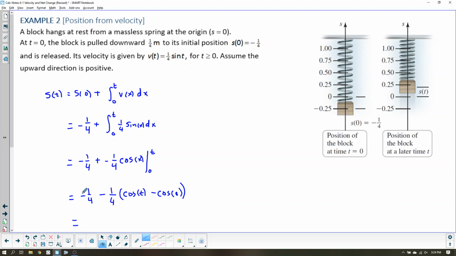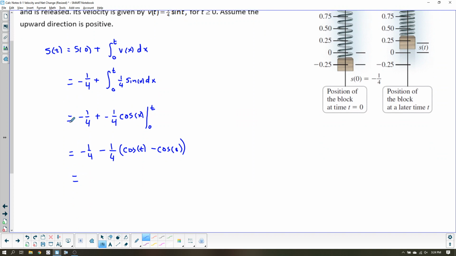Okay, so cosine of 0 is 1. And when we distribute, this is going to become plus 1/4, which will end up canceling this. So you can see we do get the same thing.